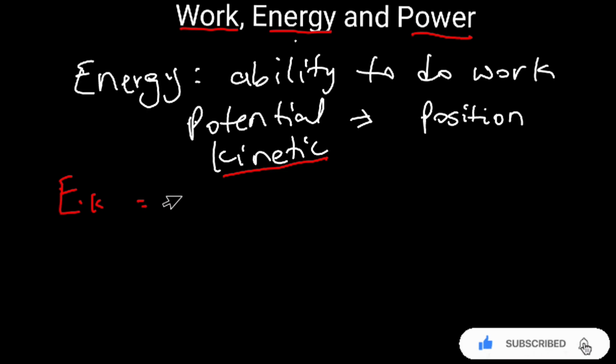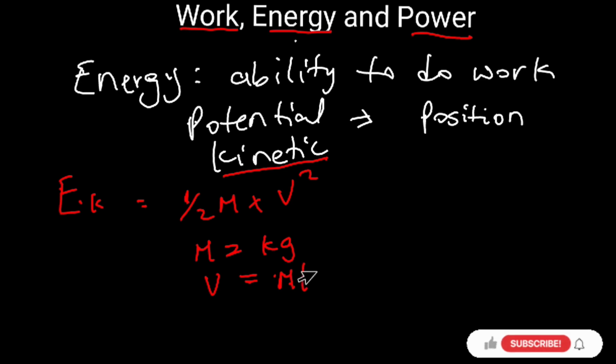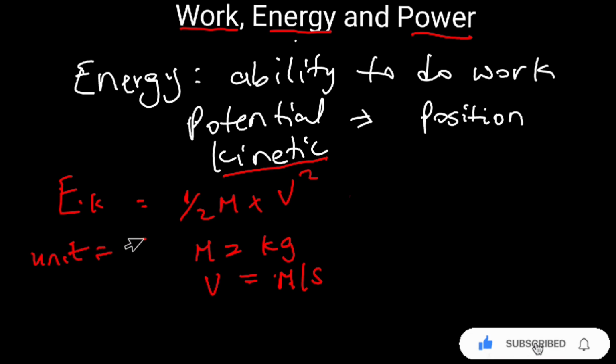And the formula is half times mass of the body times velocity of the body square, where m is the mass of the body and the unit is kilogram, and then v is the velocity of the body or object, and the unit is meter per second. Now, the unit of this kinetic energy is still joules, like potential energy and work. So all of them are in joules.